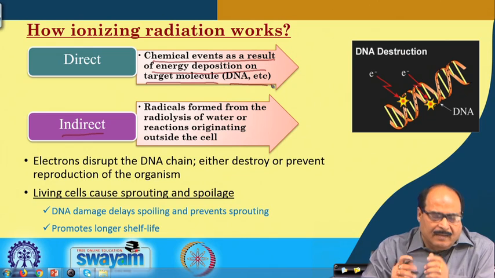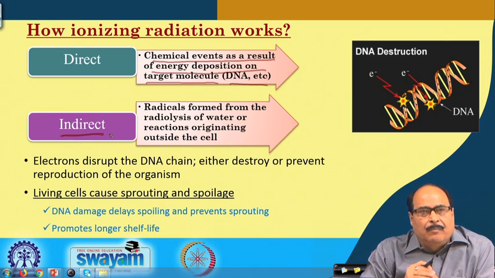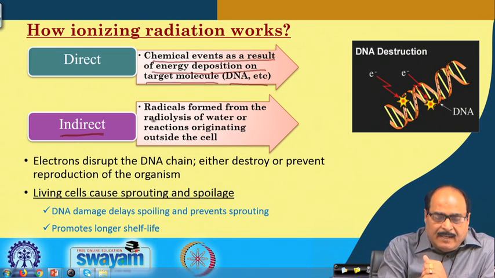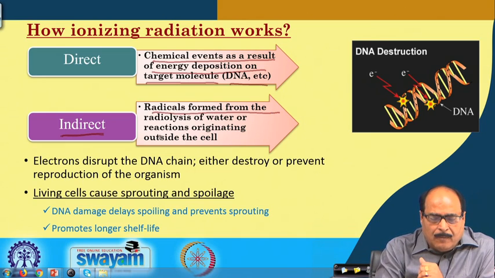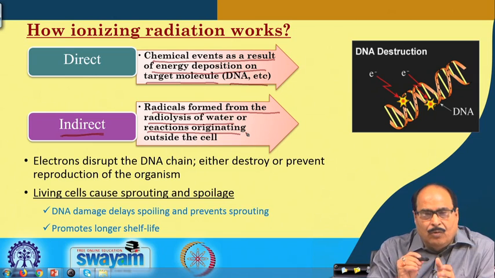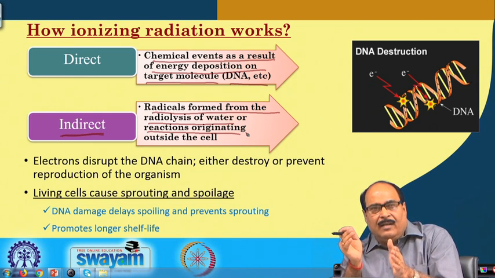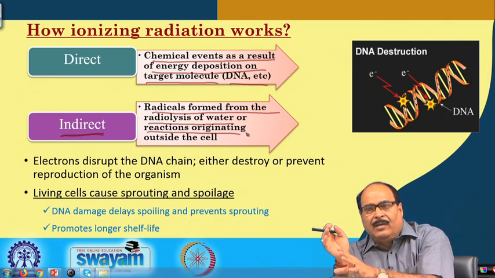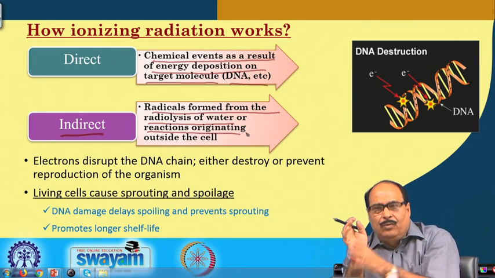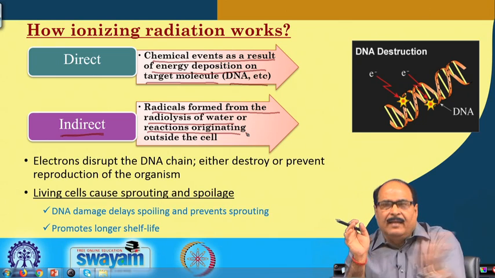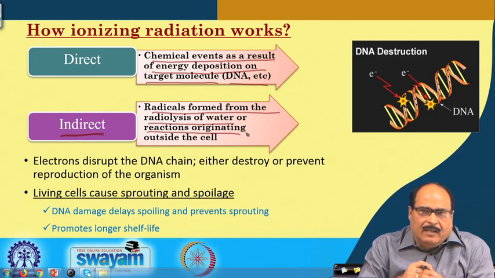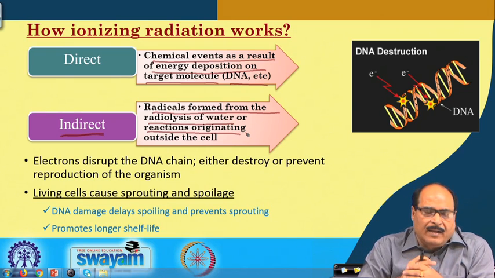In this case, the indirect action mechanism appears to be more correct, where radicals are formed either by radiolysis of water or by reactions originating outside the cells. That is, radiations do not hit the target molecule, but they do their effect outside the cell, and then it ultimately affects through ionization etc. Multicellular organisms get destroyed by the indirect action mechanism.